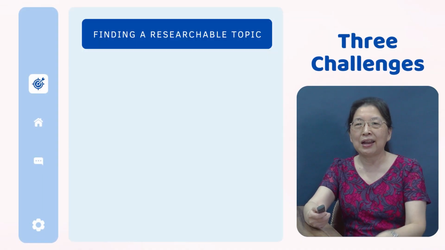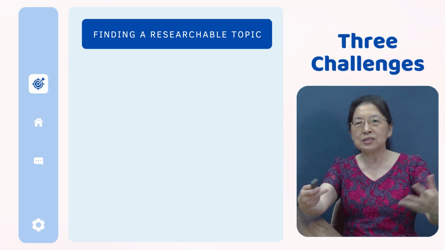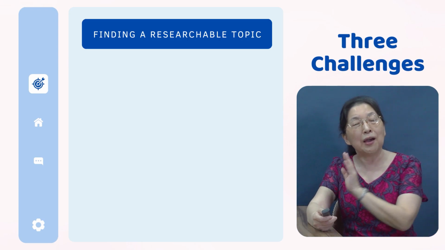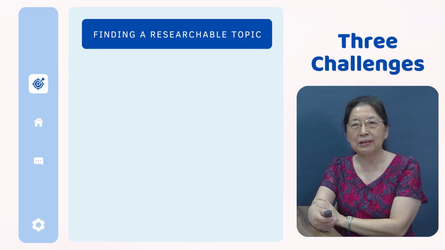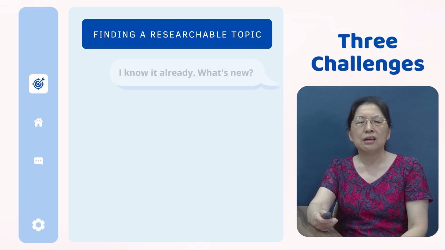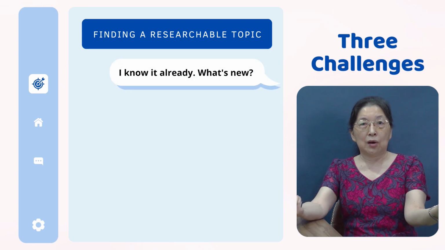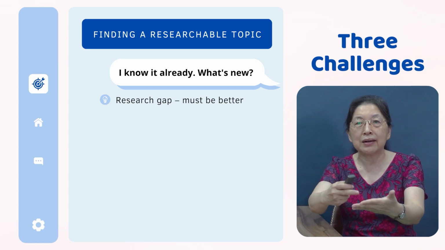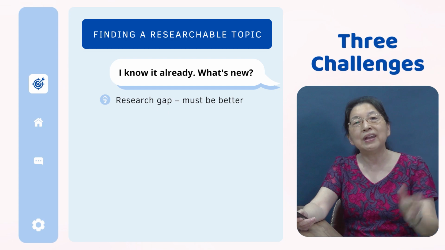Basically, there are 3 challenges. My students usually come up with some research topics and ask me, are they okay? Then 3 questions. Number 1, some readers may say, I know it already. What's new? So this has to be something better, something new, something innovative, something that nobody has ever done.